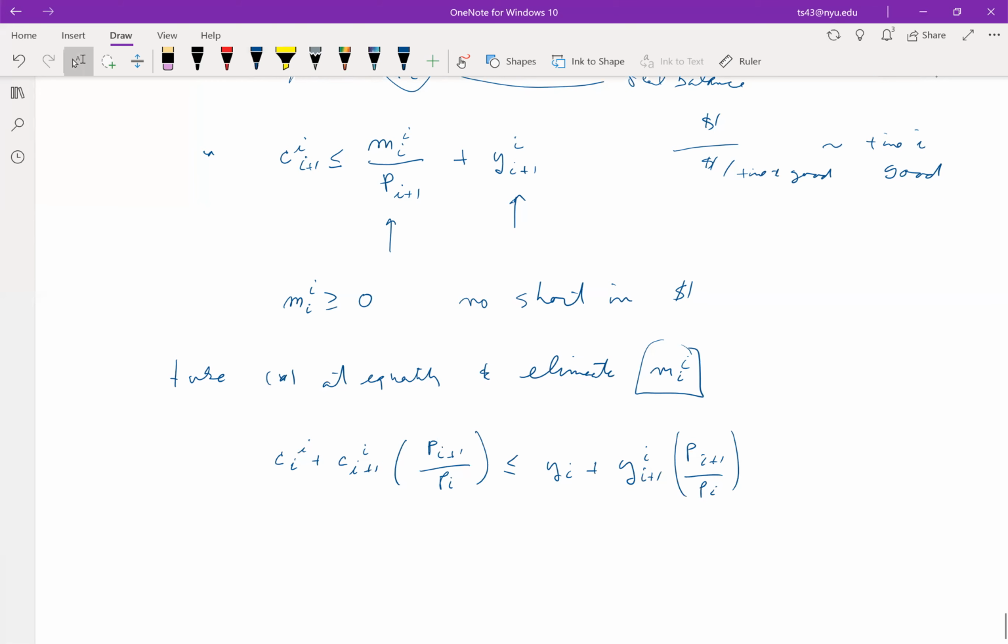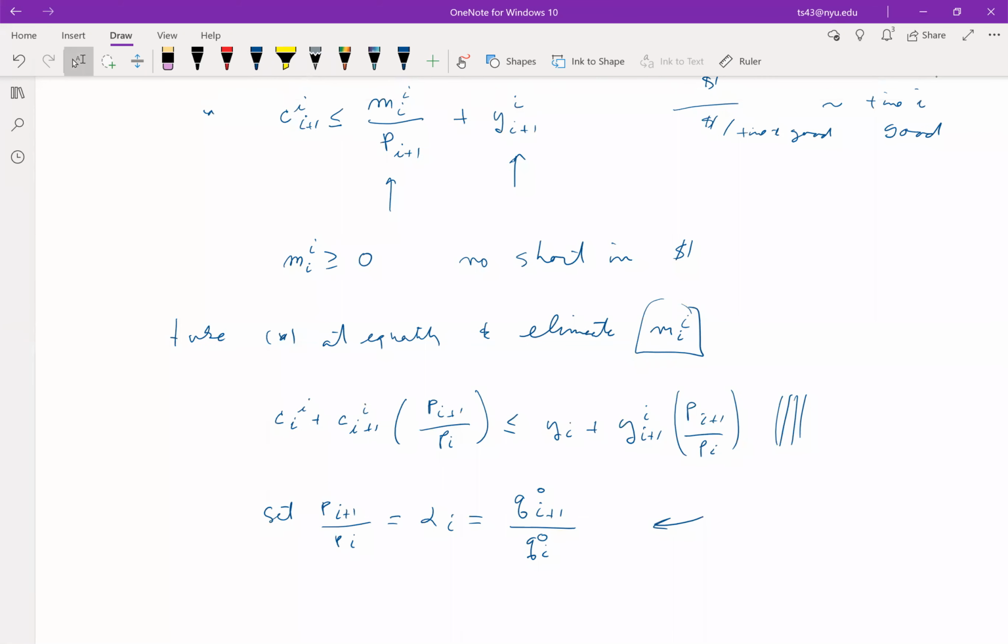And what you'll notice if you stare at that is, if I set PI plus 1 over PI, that's the gross rate of inflation in the price level, equal to AI alpha I, and I set this equal to this, what I've done is established an isomorphism, an equivalence, between the budget constraint that this person faced in our imaginary Arrow-Debreu economy with all trading occurring at time 0, and the one where I'm now imagining trading occurring sequentially through the medium of exchange called currency.